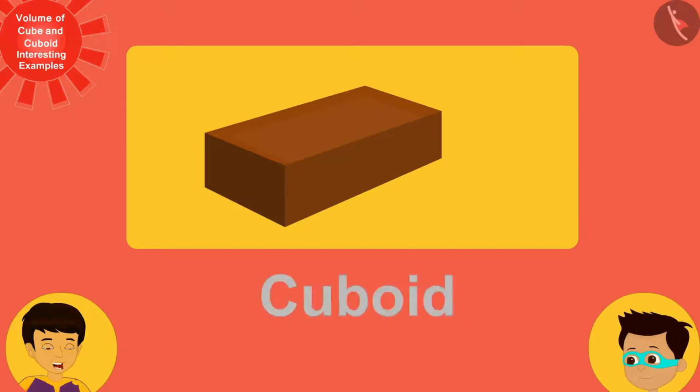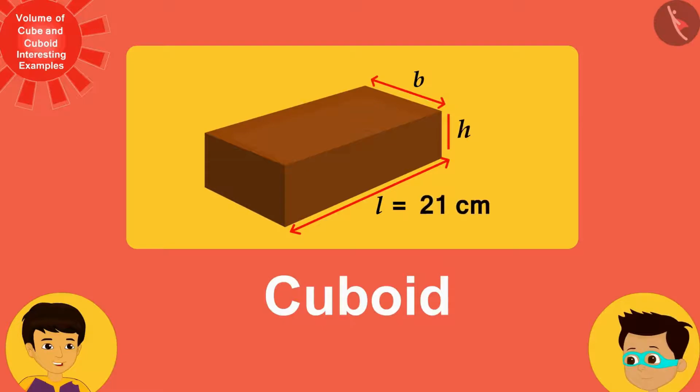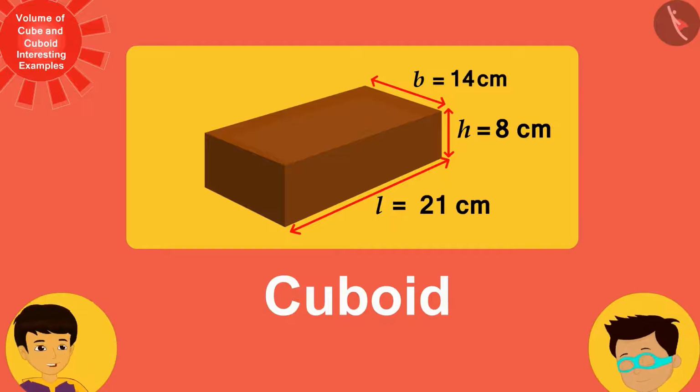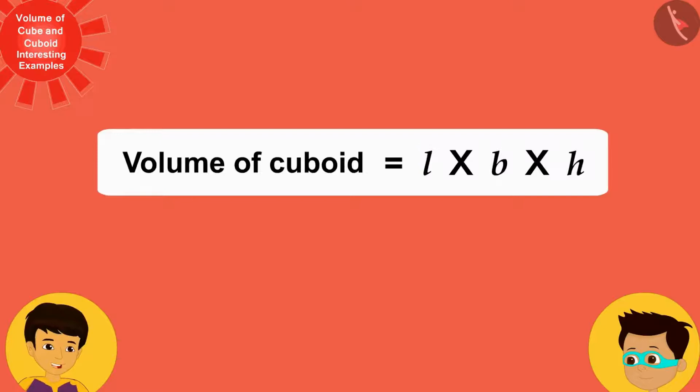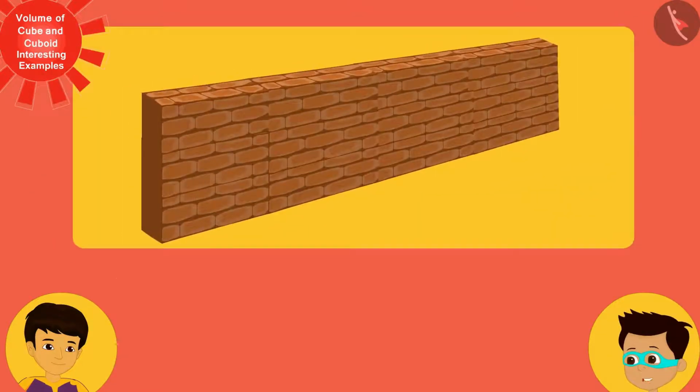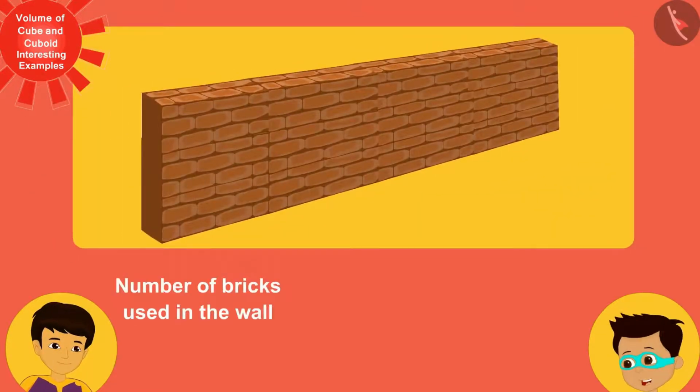Absolutely! Each brick is cuboid in shape, having 21 centimeters, 14 centimeters and 8 centimeters as the length, breadth and height respectively. Now I will write the length, breadth and height of the brick in the formula in this way instead of L, B and H to find the volume of the cuboid brick. Well done, Manas!